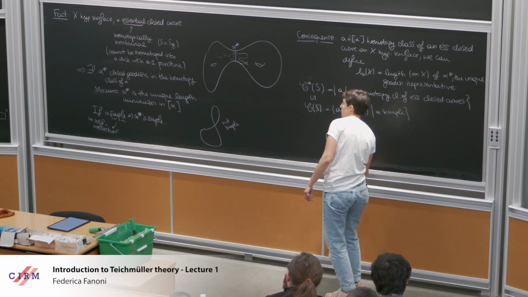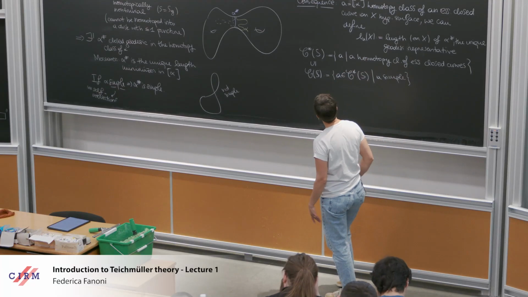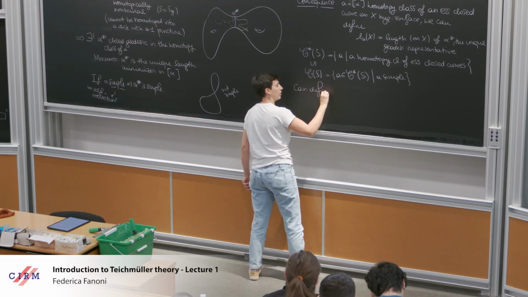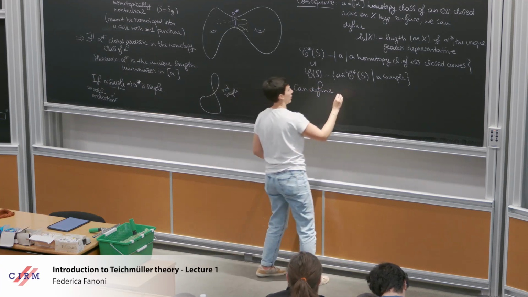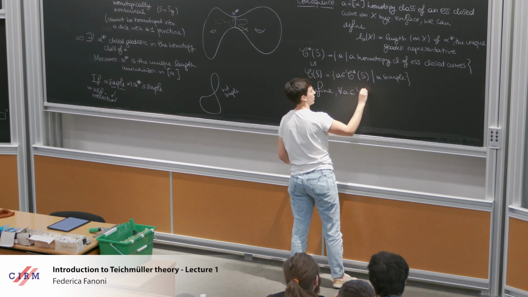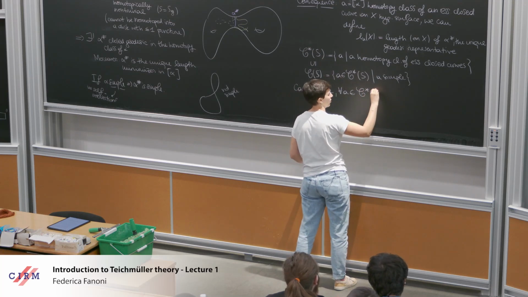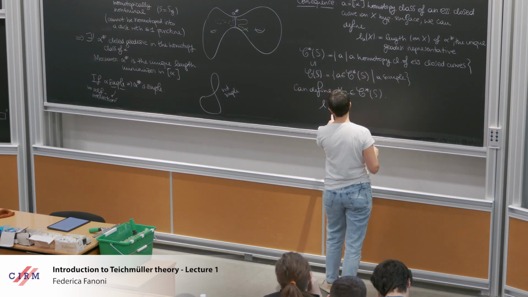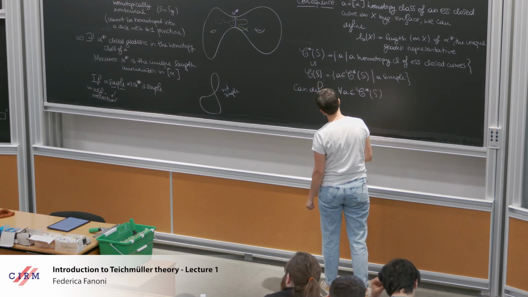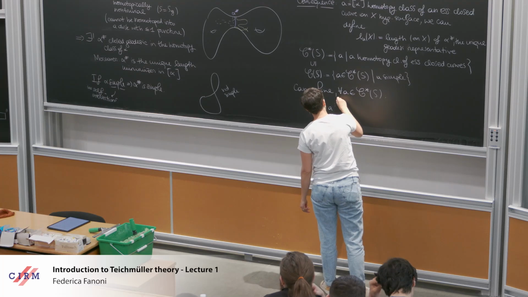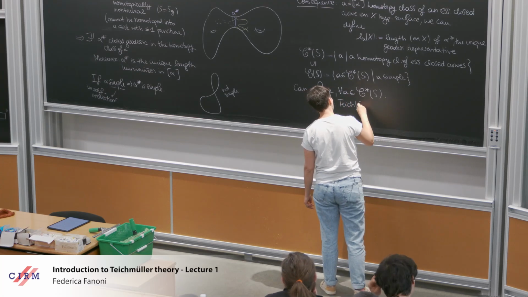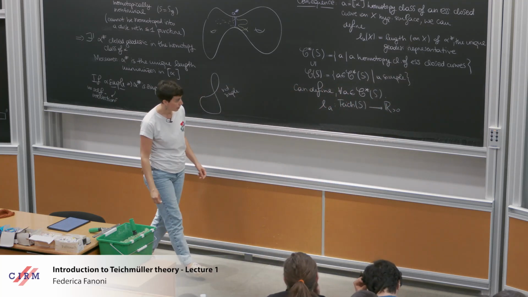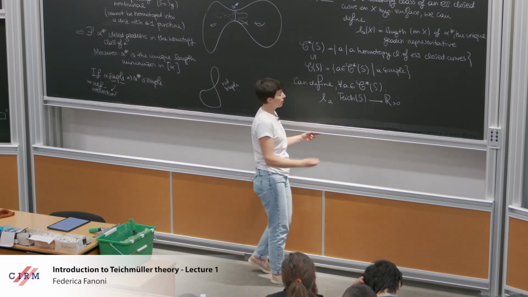And something that's nice about Teichmüller space is that I can define a length map. Anytime that I take an essential class in here, I can define this function, which is why I wanted the A to be lower, from Teichmüller space to the positive reals. How do I do that?